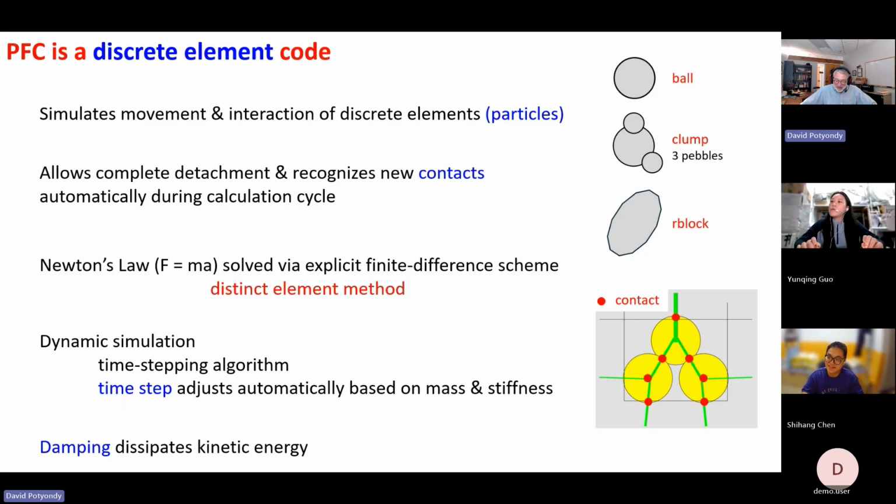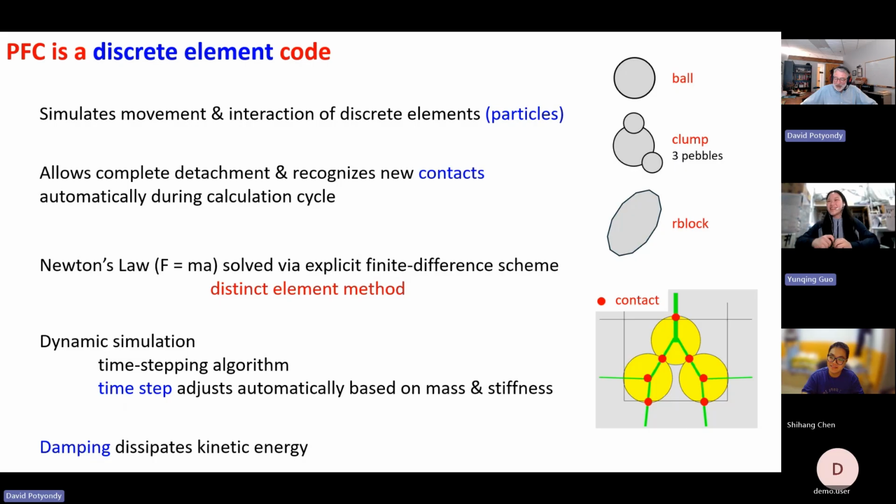So first, let me translate your question so that Yung King understands. Yeah, I know the things before from Shihang, so I think I can understand this question because I know those particles.